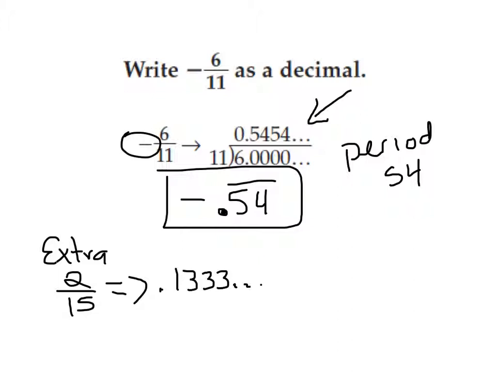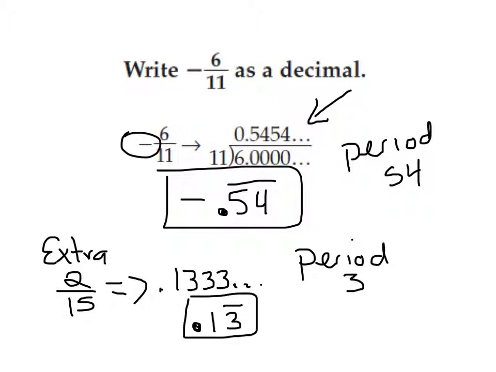I'm going to determine what the period is. Is it 1, 3, or is it 3, 3, 3? Well, remember, some students think that the 1 is part of the repeating process, but it is not. It's the 3. The period is 3, and that's where the bar notation is going to go. So here we go. 0.13 with the bar notation over the 3 is our answer.